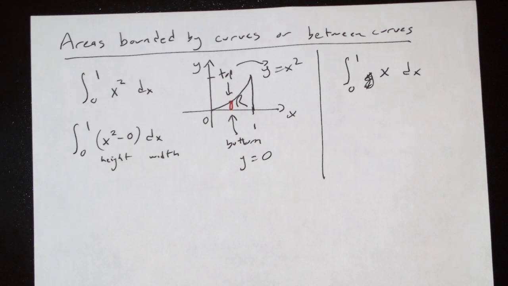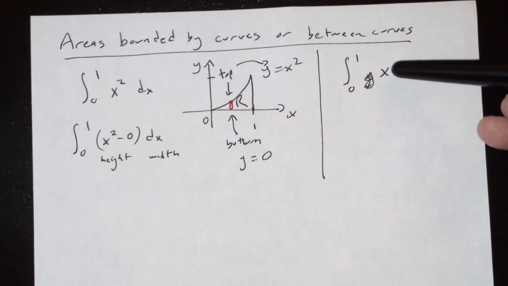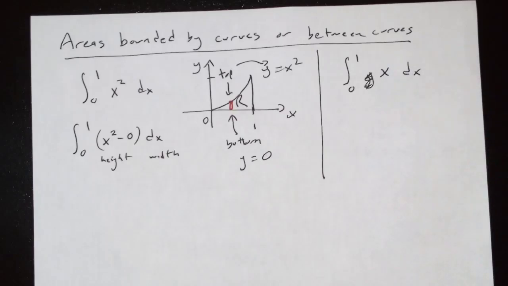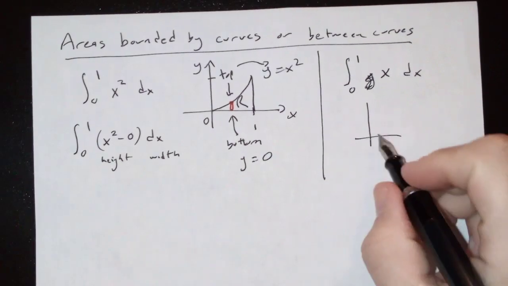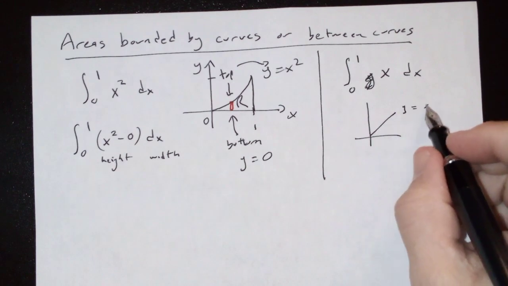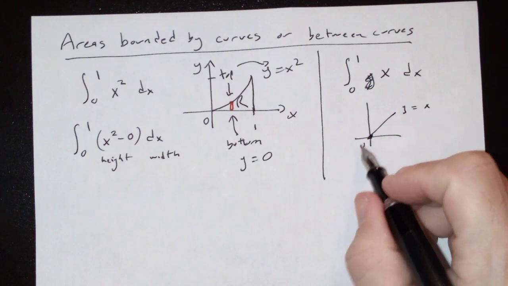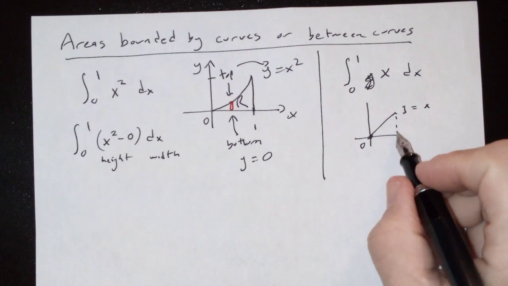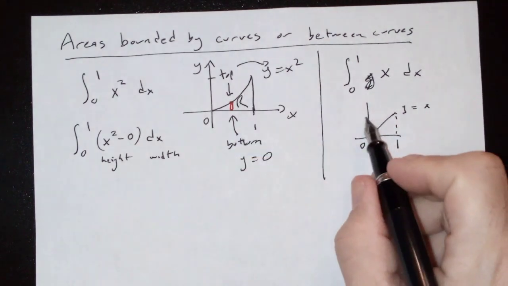What's my other picture look like here? This one's even easier. What's this graph? Just a straight line. And it goes through the point 0, 0, and it goes through the point 1, 1, just like this did.